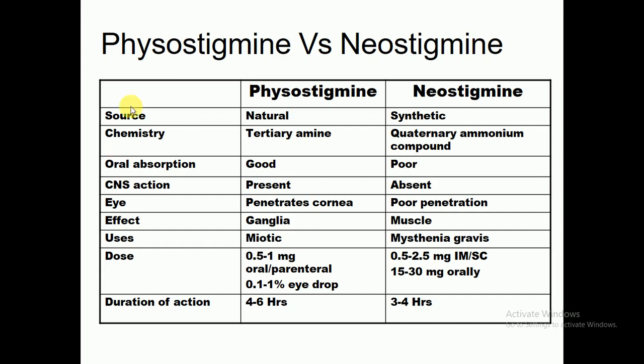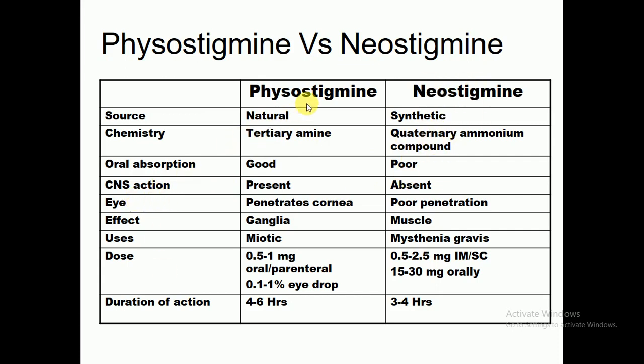Physostigmine is a tertiary amine compound, while neostigmine is a quaternary ammonium compound.